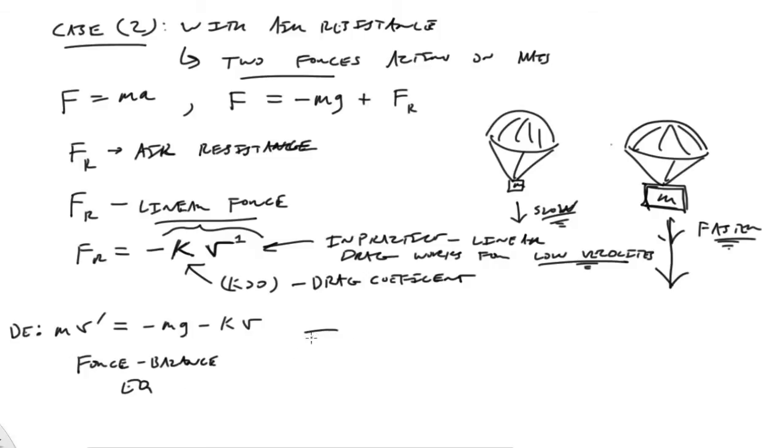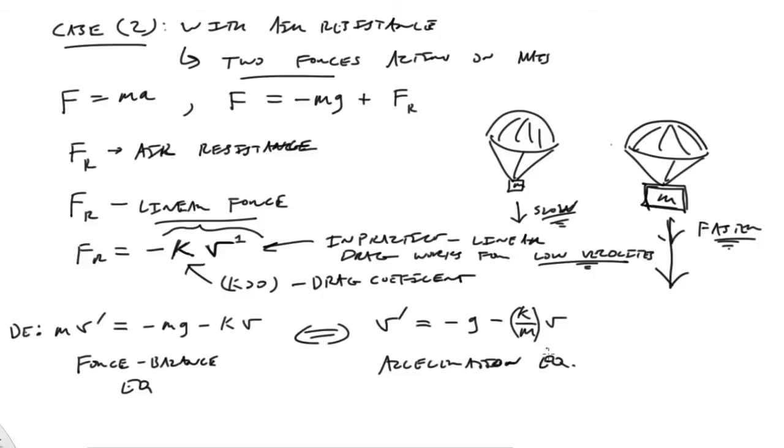But I can rewrite this now as an acceleration equation by essentially just dividing by m. So now we have v prime, which is acceleration, equal to negative g minus k over m v.